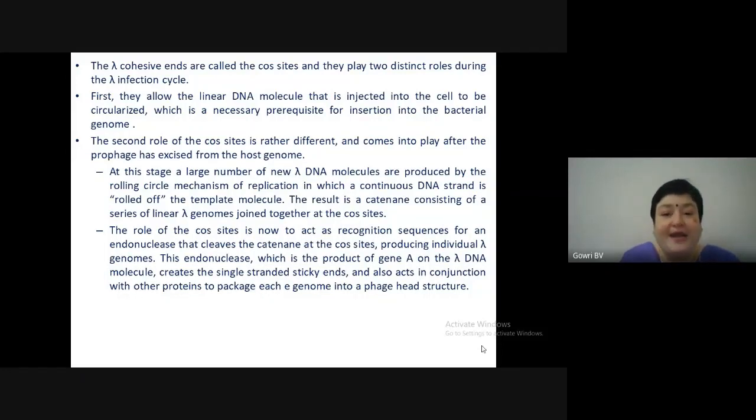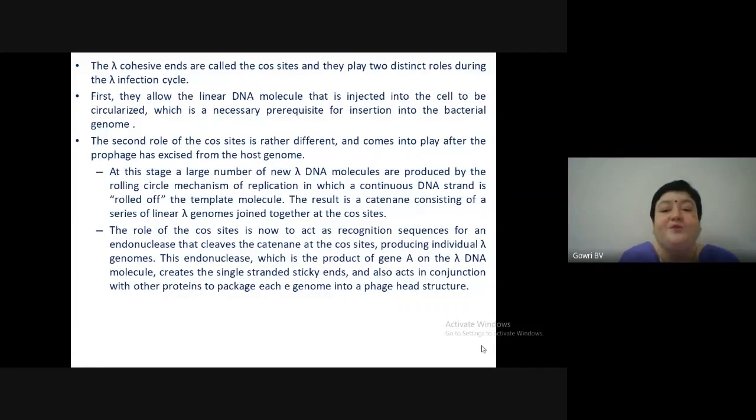This endonuclease is a product of gene A on the lambda DNA molecule, creates the single-stranded sticky ends, and also acts in conjunction with other proteins to package each lambda genome into a phage head structure.